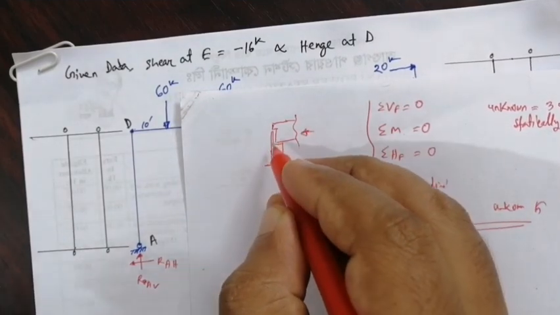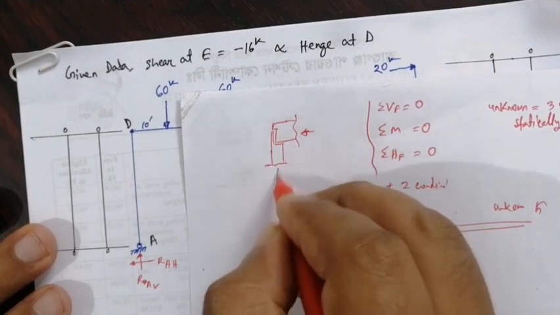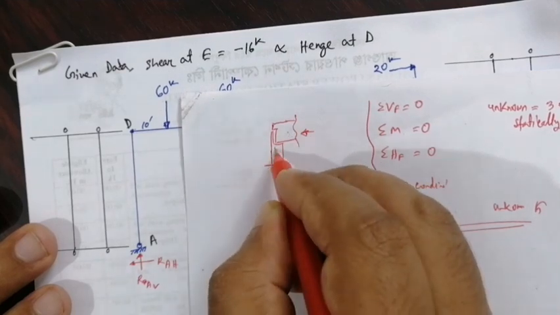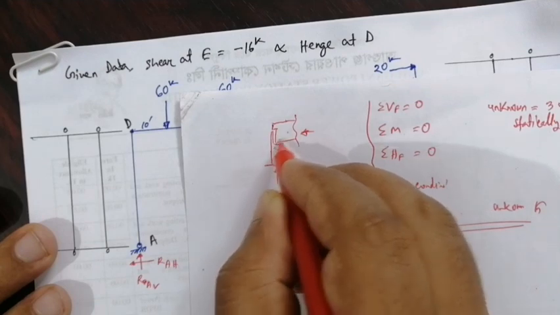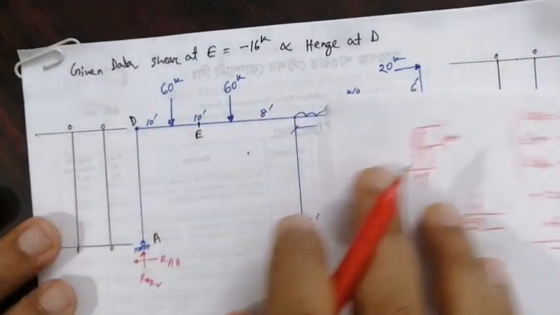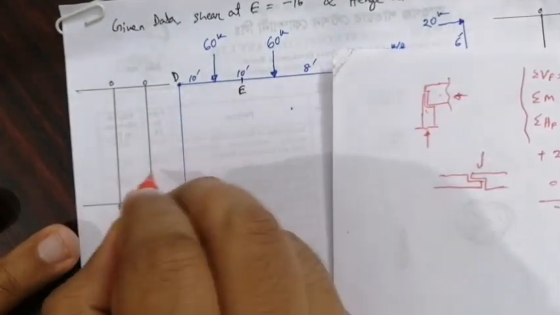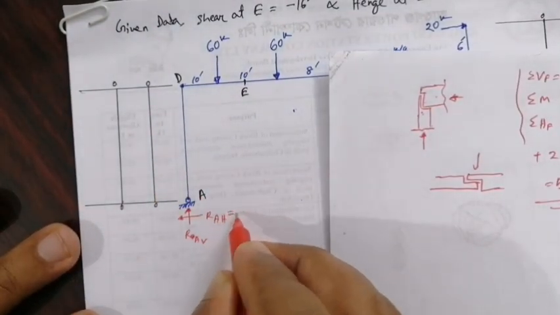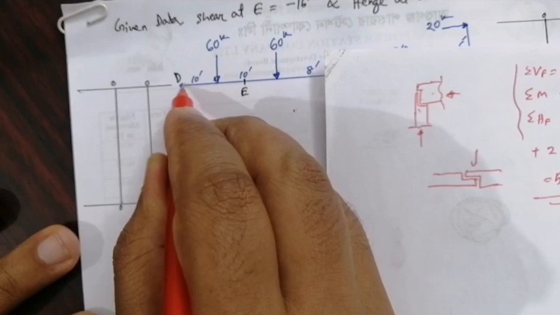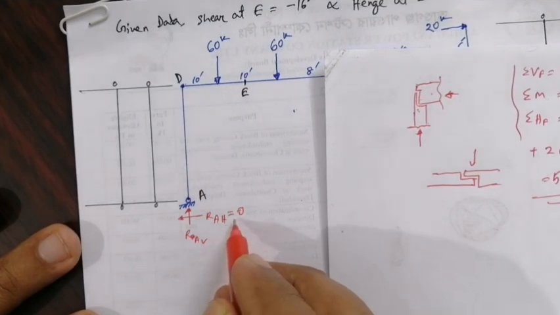In this type of hinge, only vertical force is transmitted, and no horizontal force is transmitted, because this point cannot take any horizontal force or moment. So if the D point is like this, with no horizontal force here, then RA horizontal equals 0.